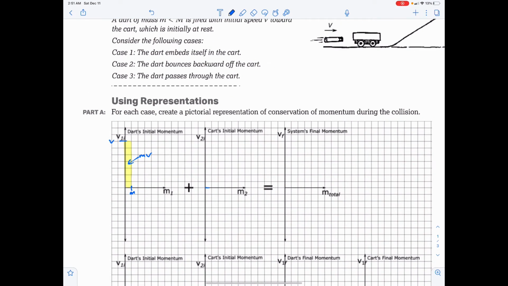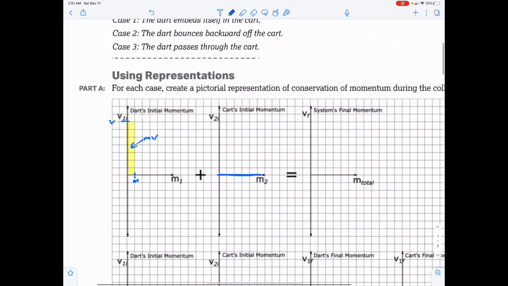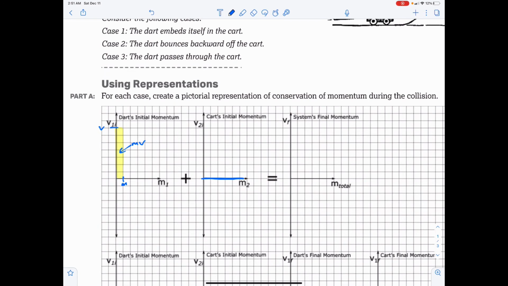Now the cart has no initial momentum, so make a line across indicating that there's no bar, and that's all the initial momentum. Now if the initial momentum is 7 boxes shaded, the final momentum should be 7 boxes shaded as well. Okay, now how do we do that? Well, the momentum of the dart is only little m.